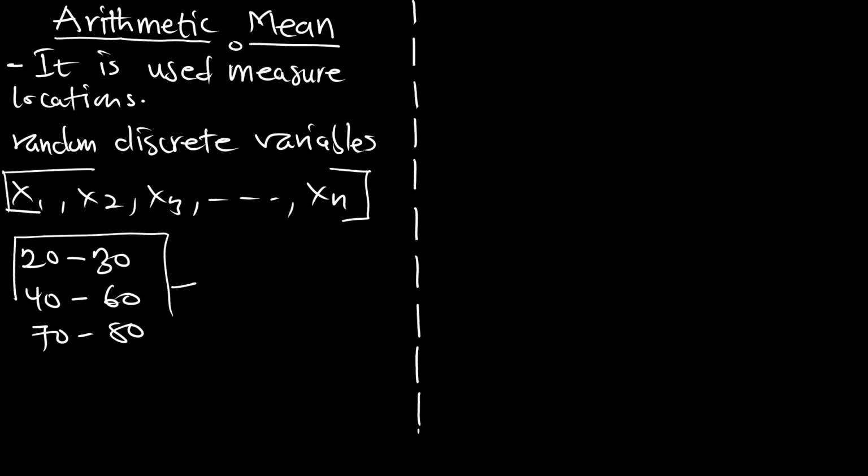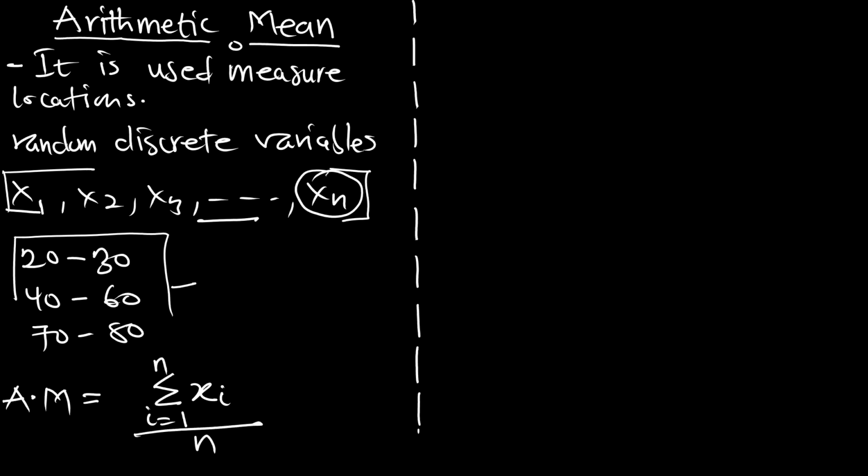So for the random discrete variables, if we are given variables from x1 up to the nth term, how do we find the arithmetic mean? The arithmetic mean, which I will represent with AM, is going to be the summation of all the x variables, which contains the i, starting from i equals 1 to the nth term, divided by the total number of variables.